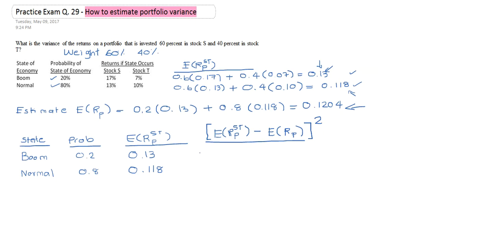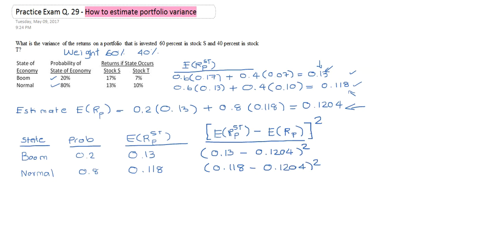So the first one will be 0.13 minus 0.1204, squared. The second one will be 0.118 minus 0.1204, squared.